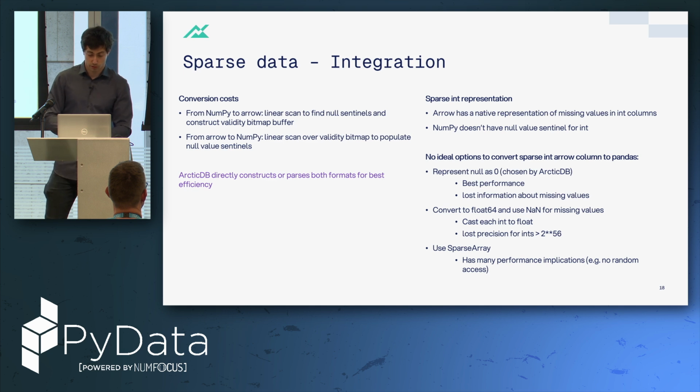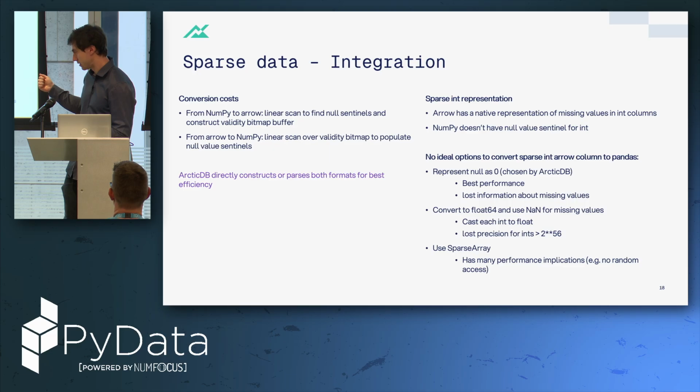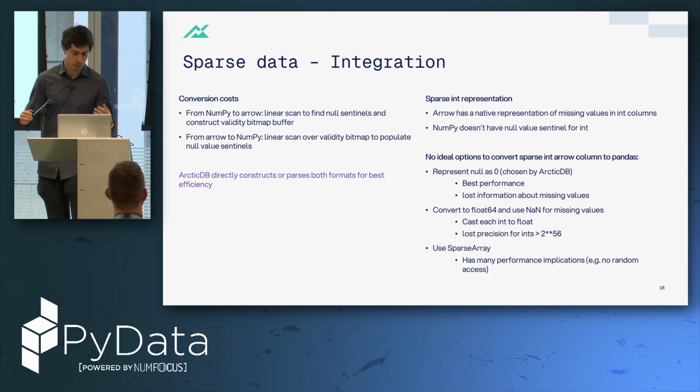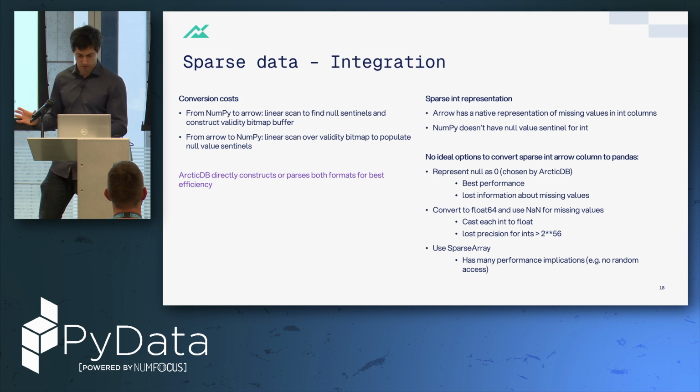Another option is to convert the ints to floats and use NaNs. This requires a bit more performance cost because we need to cast each integer into a float in the first place, so we have one more O of n CPU cost. But it also loses some precision. As you probably know, if we have a 64-bit float, this means we have only 53 bits for the mantissa, which can represent the integer precisely.